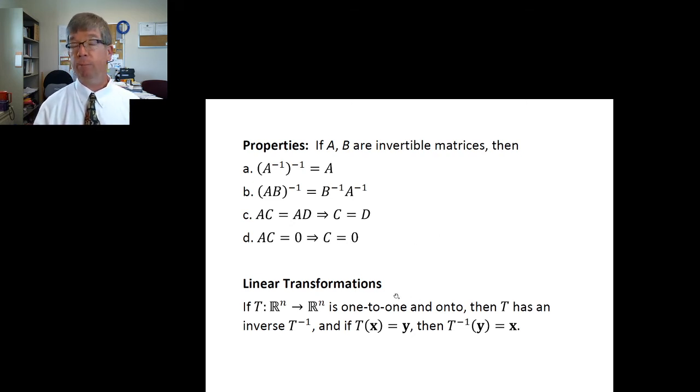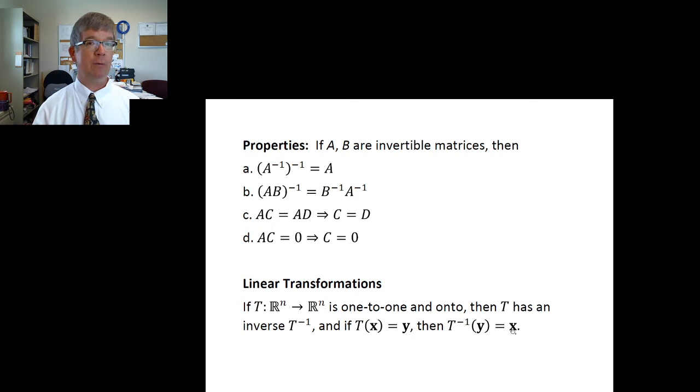But at its most basic, a linear transformation is a function, so if it's one-to-one and onto, then it has an inverse function, just the usual function stuff. If your original function takes vector x to vector y, then the inverse reverses that match and takes vector y back to vector x. That's just standard function stuff.